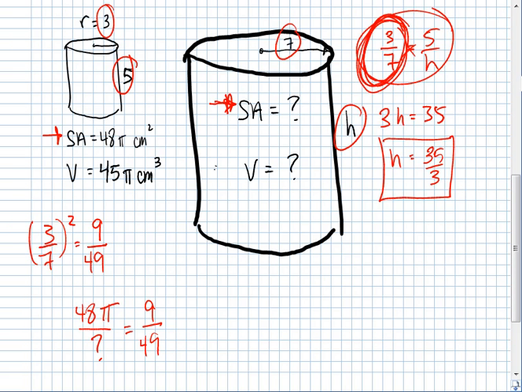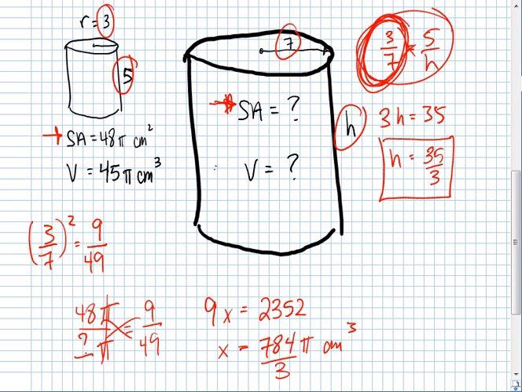Okay, and now you can cross multiply and solve. Now keep in mind that my answer here is going to be something pi, so I can kind of ignore the pi's and just try to figure out what the something is. So it's 48 over something equals 9 over 49. Cross multiply and solve.